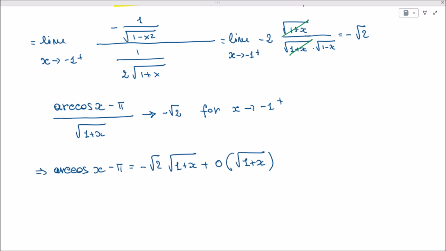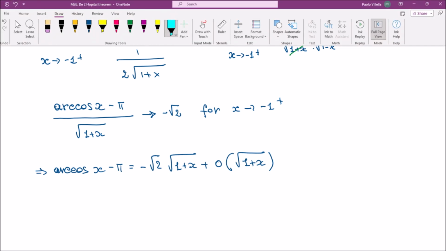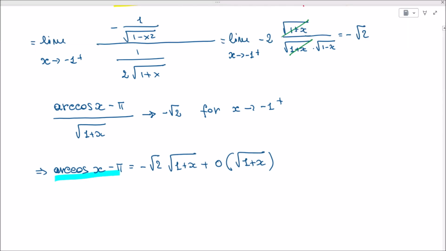We can say that, okay, because the left hand side and the right hand side, this term and this term, they just differ by a quantity which goes to 0 when x goes to -1, so when the square root of 1 plus x goes to 0, right?